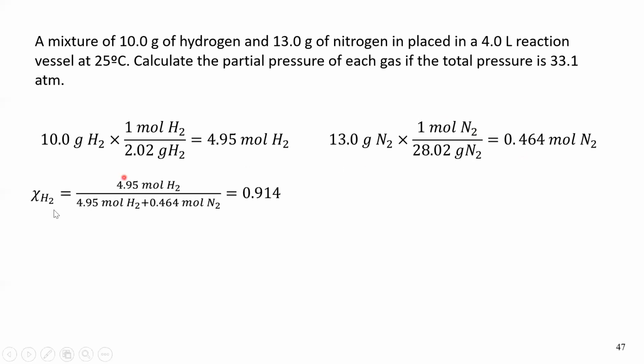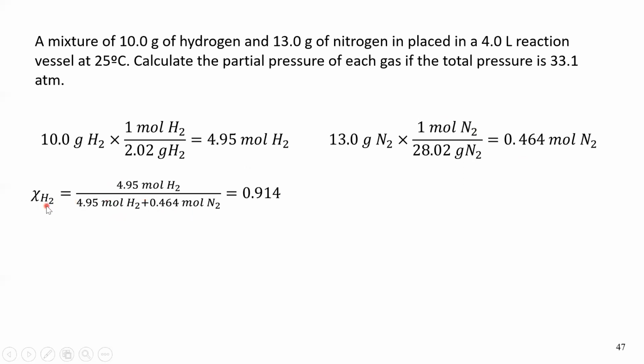So to calculate the mole fraction of our hydrogen gas, we would take the moles of hydrogen and divide it by the total number of moles of gas in our container. So the moles of hydrogen plus the moles of nitrogen.